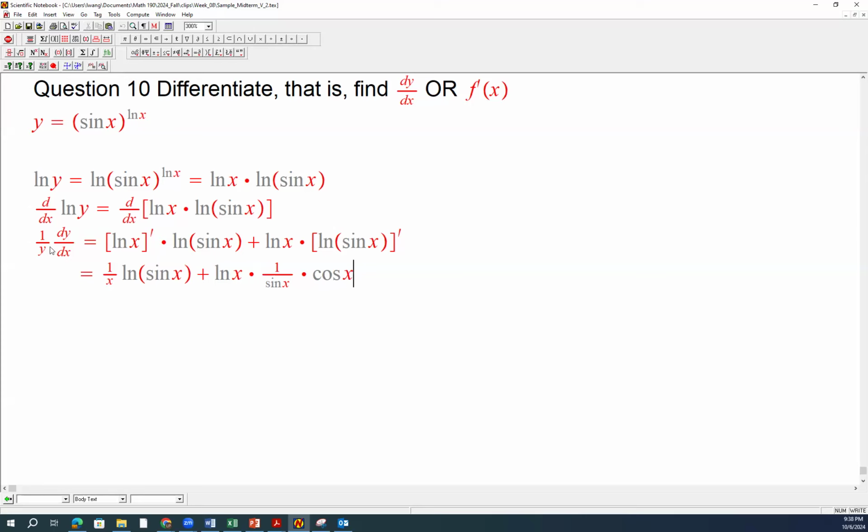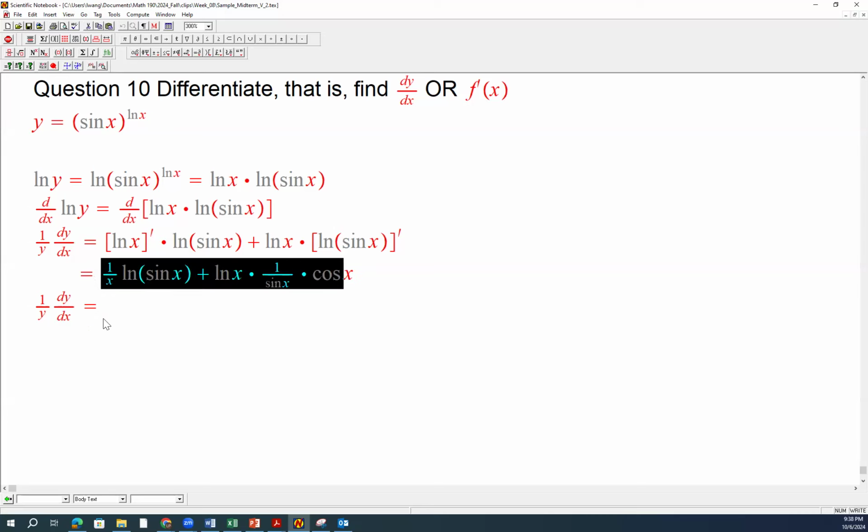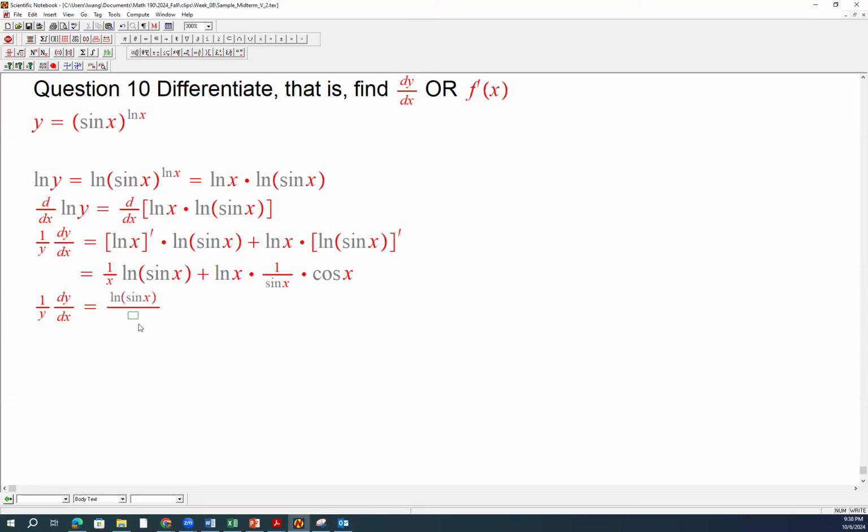So organize our terms: 1 over y dy dx, just copy this piece, equals, on this side, ln of sine x over x plus, on this piece, this is really cotangent x, so we just write ln x multiplied by cotangent x, no problem.